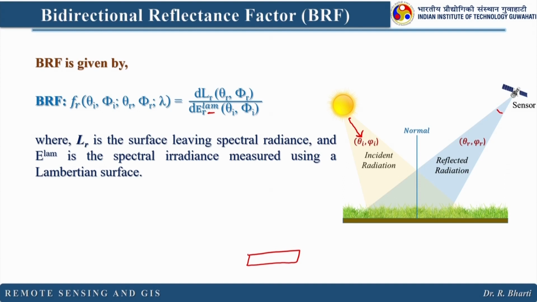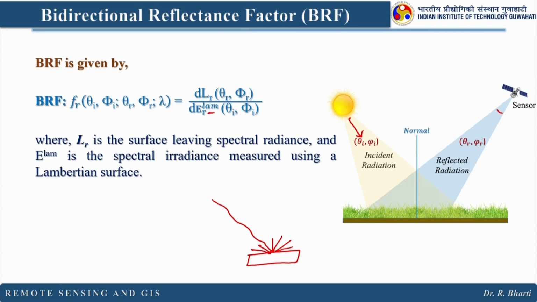You have a Lambertian surface where you are illuminating this particular area, the target, and the reflected value will be the same in all directions. So, the amount of energy measured using a Lambertian surface will be the same in all directions.